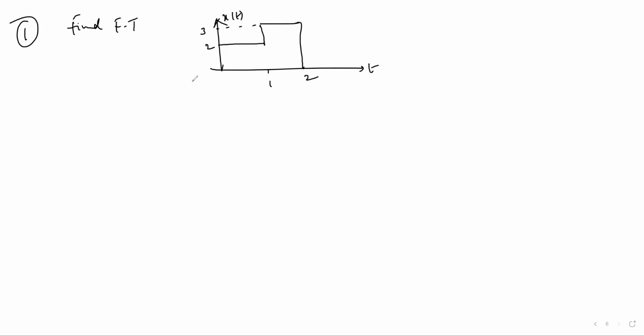Simply, this signal, what can we do? Direct formula. Fine. This is x of t, Fourier transform x of omega. X of omega is the integral from minus infinity to plus infinity of x of t e to the power of minus j omega t dt. This is the formula.